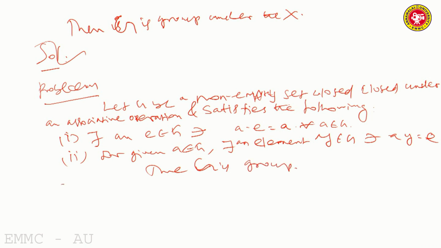Now we check this one. To prove G is a group, we have to prove 4 properties, but the identity is given and the inverse is also given.